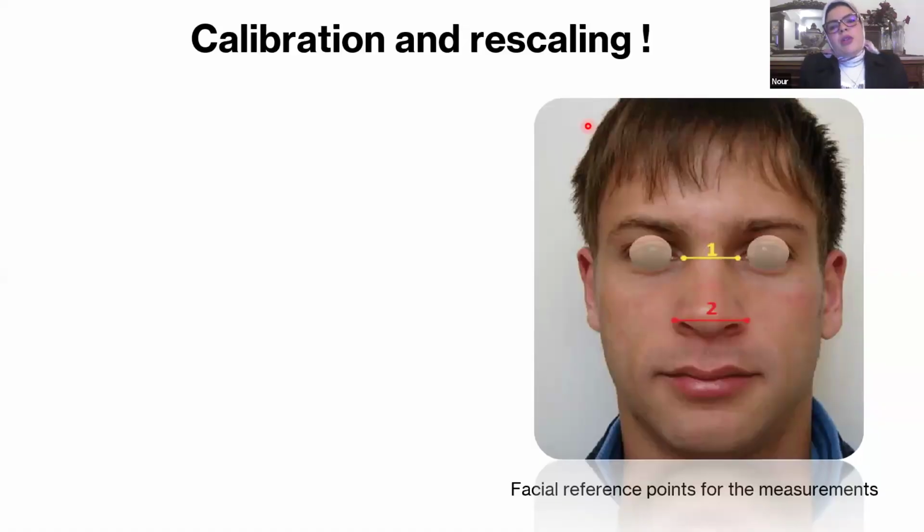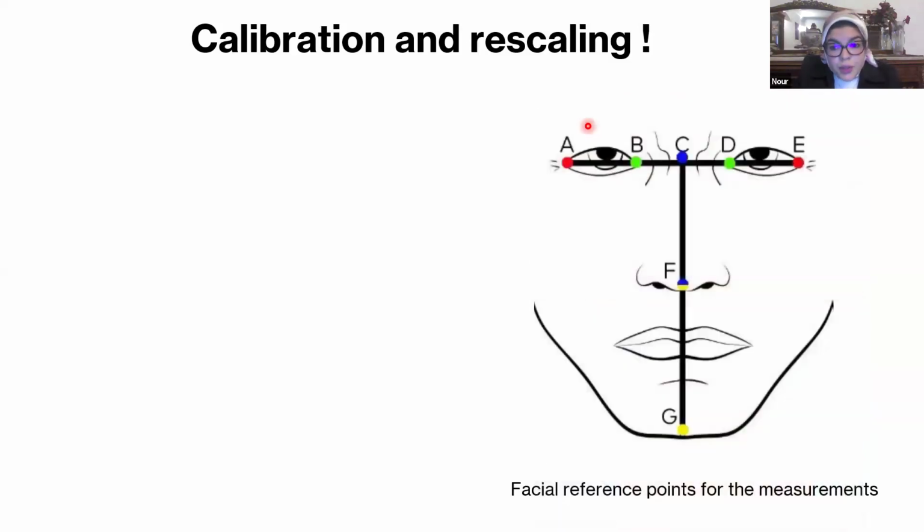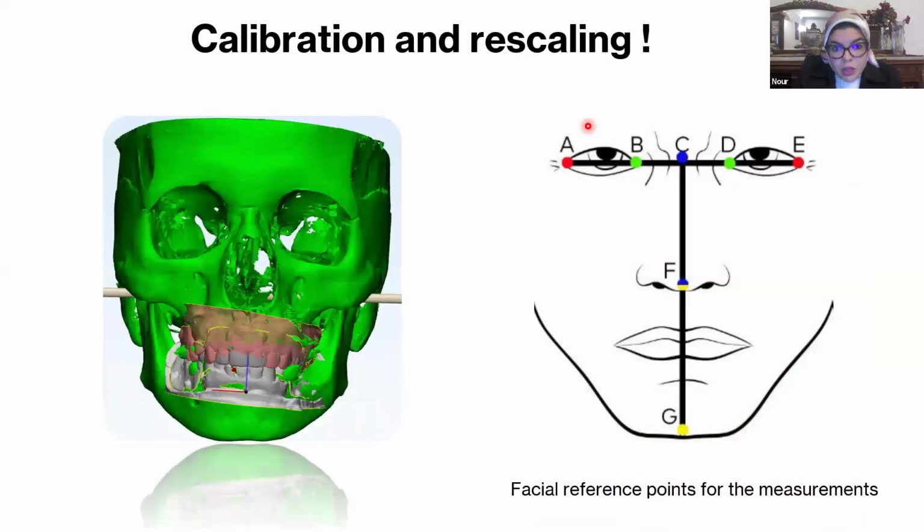Once you get your model, you want to make the best use of it, and this is why this step is very important. You need to calibrate your model. Unless you do this, you're not going to get the fine details of your three-dimensional data. So how do we do this? You can do this either by using facial reference points for measurements, for example the interpupillary line or the interalar distance of the patient, which was documented in lots of research.